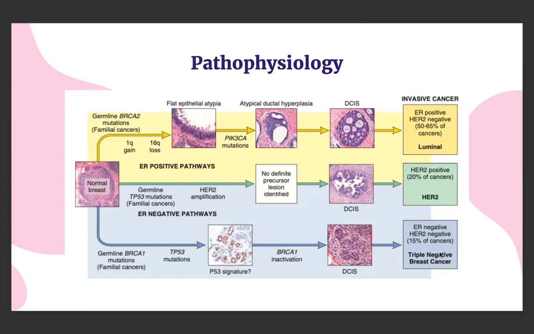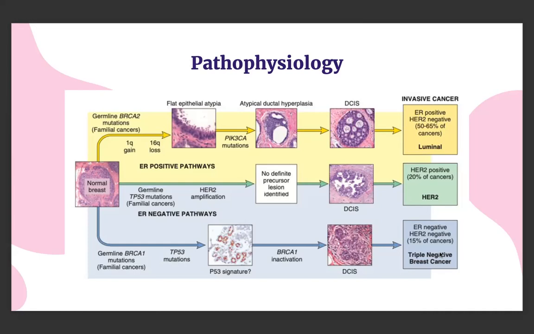Lastly, the third subtype is the HER2 positive pathway. This often arises due to an overexpression of the HER2 gene through HER2 amplification. While there's no definite or signature precursor lesion, it still eventually leads to a malignancy.